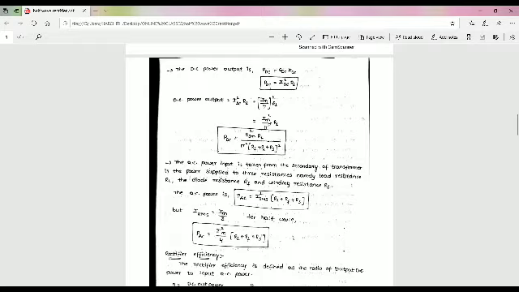Next one, AC power input, PAC. AC is the input and DC is the output in the rectifier, which converts AC to DC.